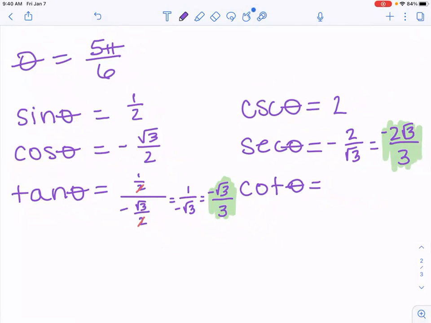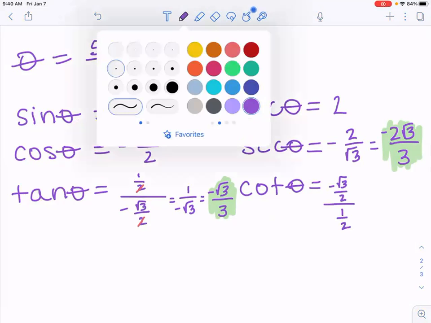For cotangent, you can think of this a couple different ways. You can think of cotangent as x over y, because that's the reciprocal, or you can think of the tangent and flip that, okay? For right now, let's just think of it as x over y. Our x coordinate is negative radical 3 over 2. Our y coordinate is 1/2.